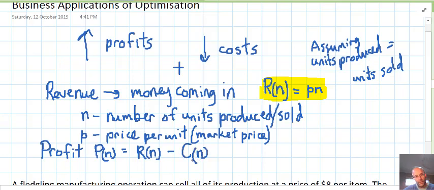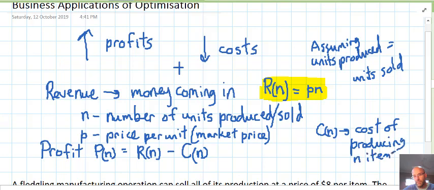I'm going to call that cost function C of n, the cost of producing n items, or the collective cost of producing these items. That's an important thing to note as well. So we can simplify the equation to P of n equals p times n minus C of n, if we're given C of n or can work it out.